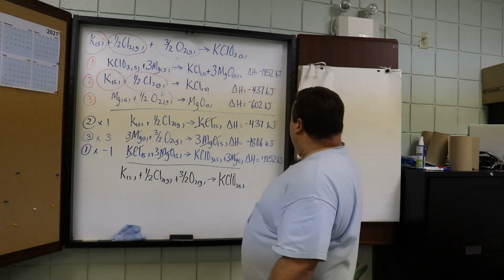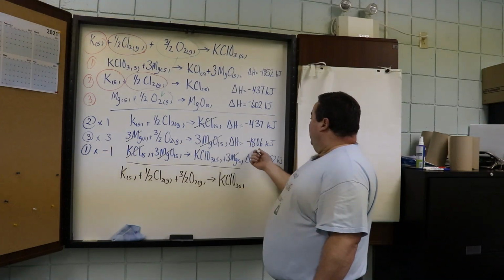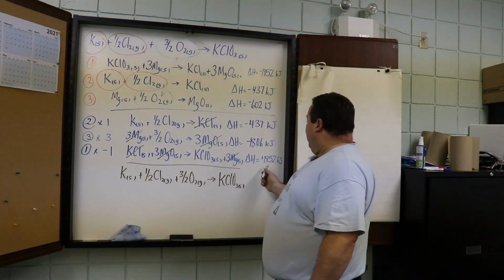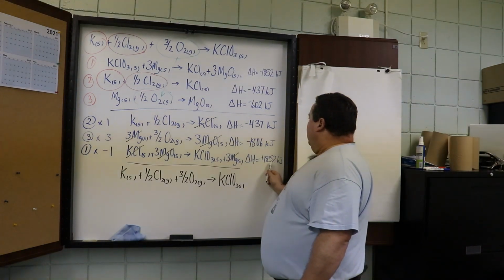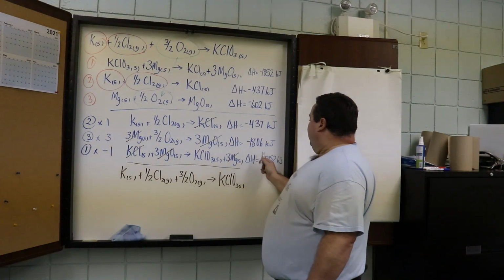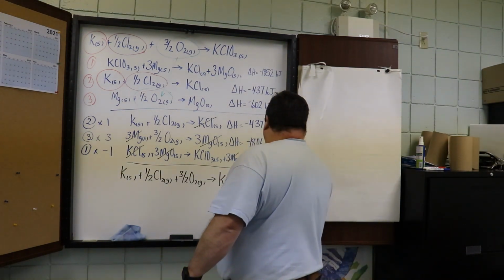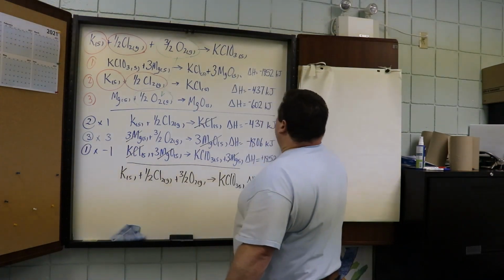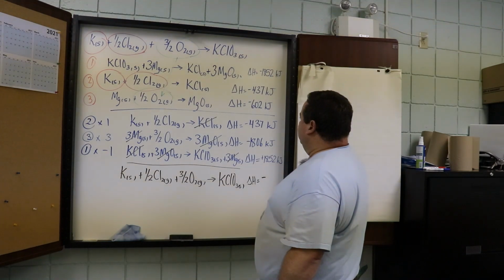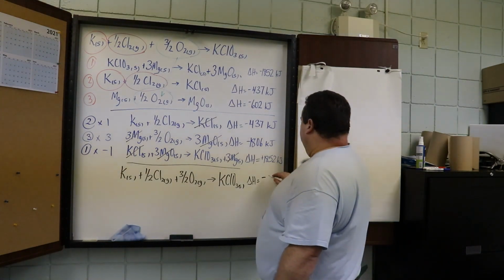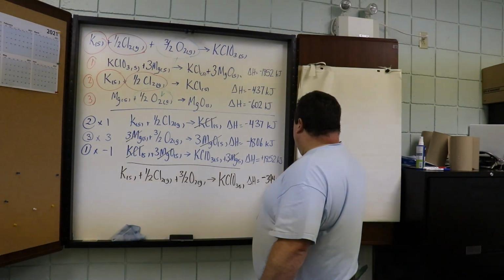And all that's left now is to add together the enthalpies. So we have a couple of negative values here and a positive one. So that looks like positive 46 for these two values. So our answer, delta H, will be negative 394, and I need to check that.